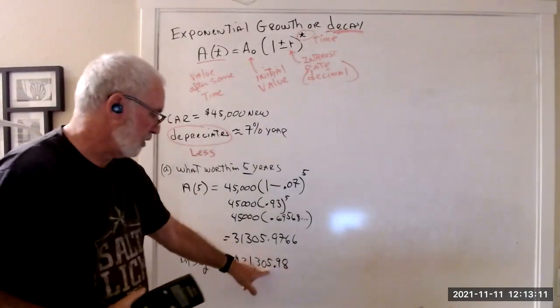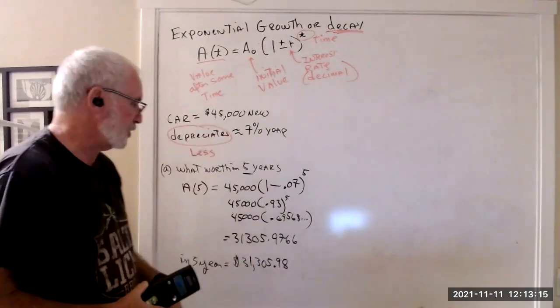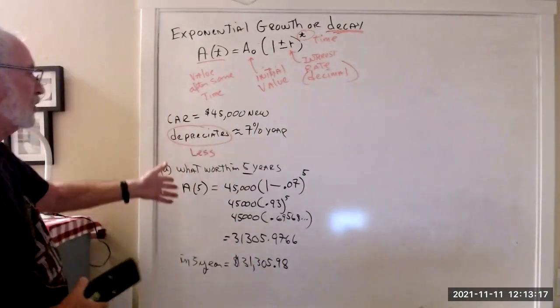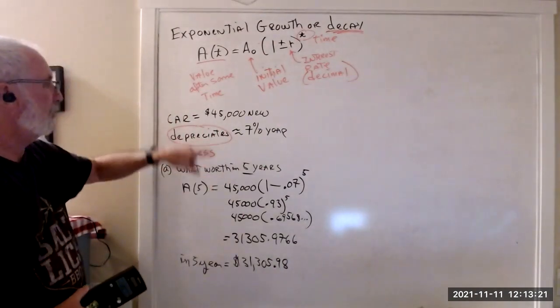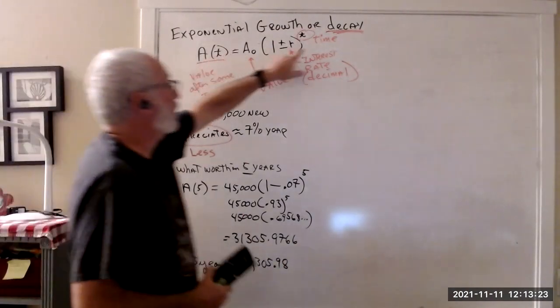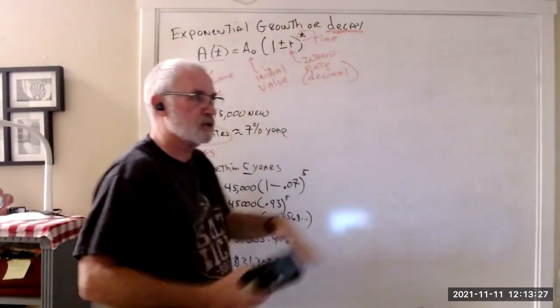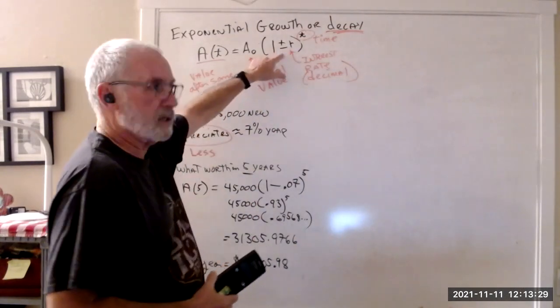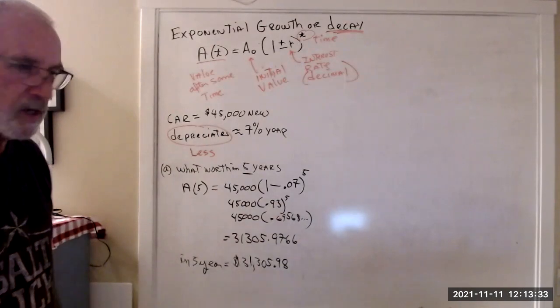So this would be $31,306. So that's all just in the directions. But basically, that's all this was, understanding the formula that if it says decay or depreciates or lessens in some way in value, you use the minus sign. You plug everything in and away you go.